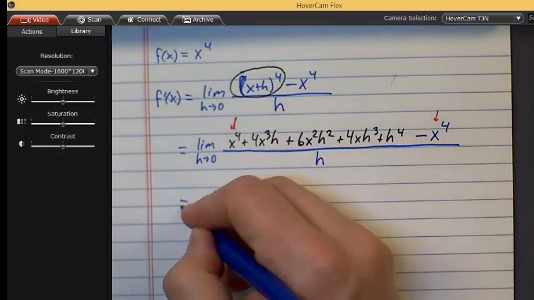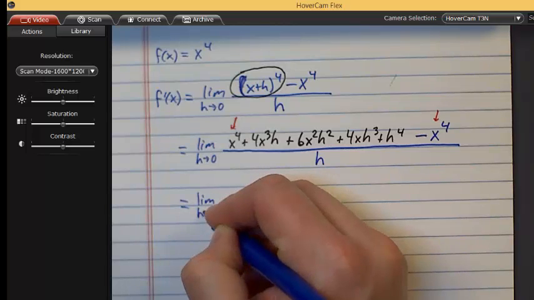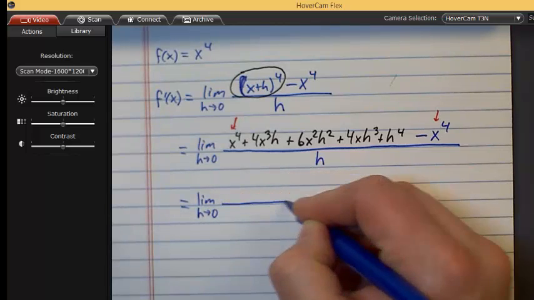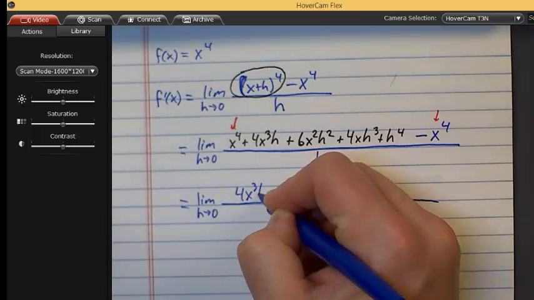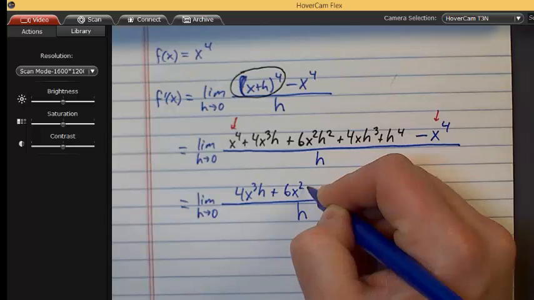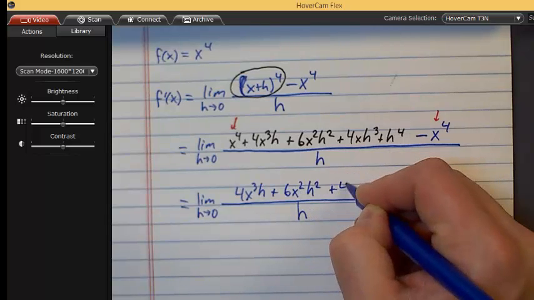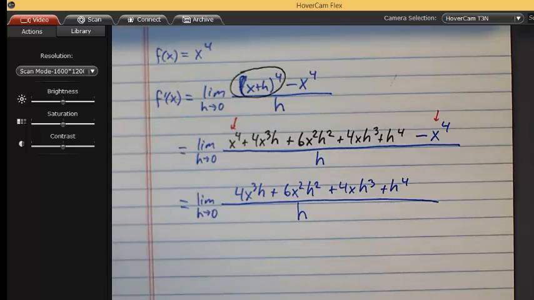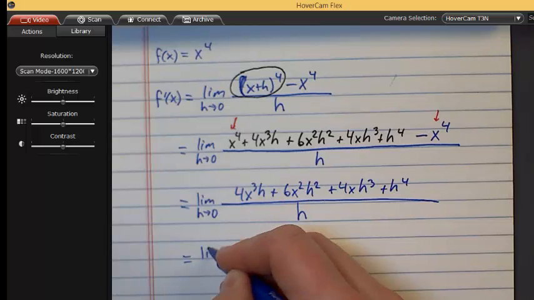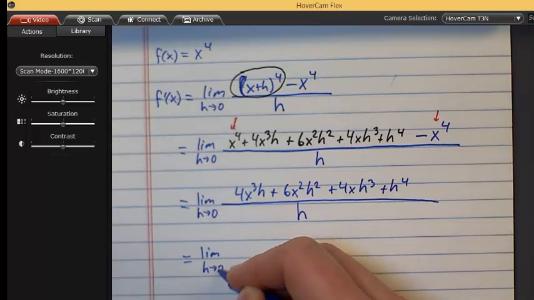So I get the limit as h approaches 0. And you mad slashers, I know, want to start canceling the h. But you have to be careful here, because each one of these terms is being divided by h. And so really, to do it accurately without making a mistake, I want to factor in the numerator.